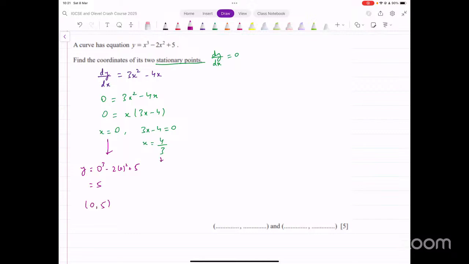Input x equals 4 over 3 in that, and you get y equals 4 over 3 whole cube minus 2 into 4 over 3 whole squared plus 5. Now, this is from the calculator paper.